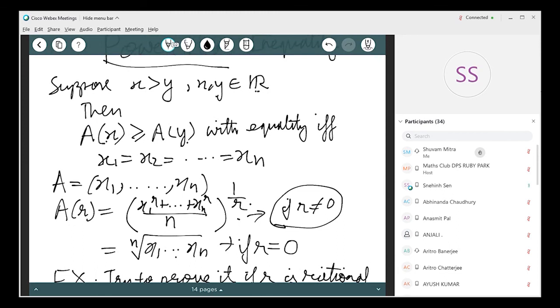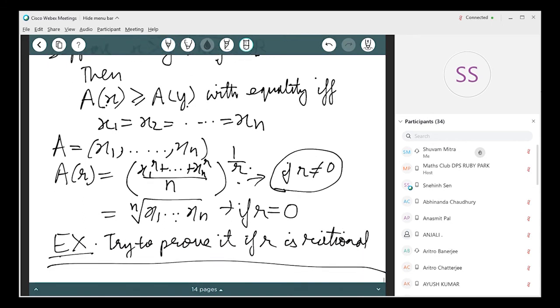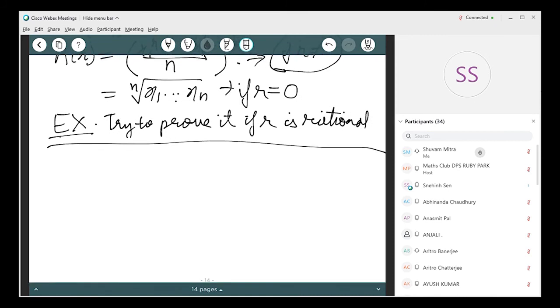You can prove it if x and y are rational numbers. That proof is a bit easier. But you can forget about this proof. You can just assume this, and sort of, I shouldn't say memorize, but get a feel for how this is happening, and assume it when you're doing stuff later on.